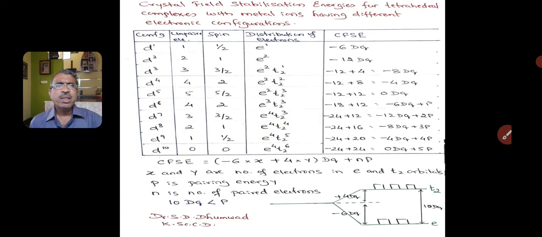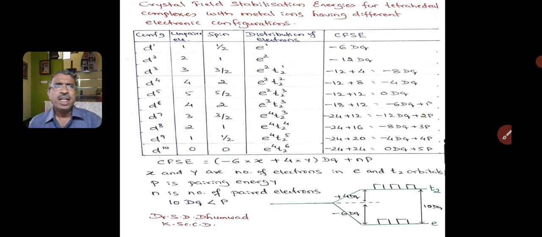This is a table that shows the calculation of crystal field stabilization energies for the tetrahedral complexes. For d1 system, unpaired electron is 1, the spin is 1/2, so CFSE is minus 6 Dq. For d2 system, it is e2, CFSE is minus 12 Dq.